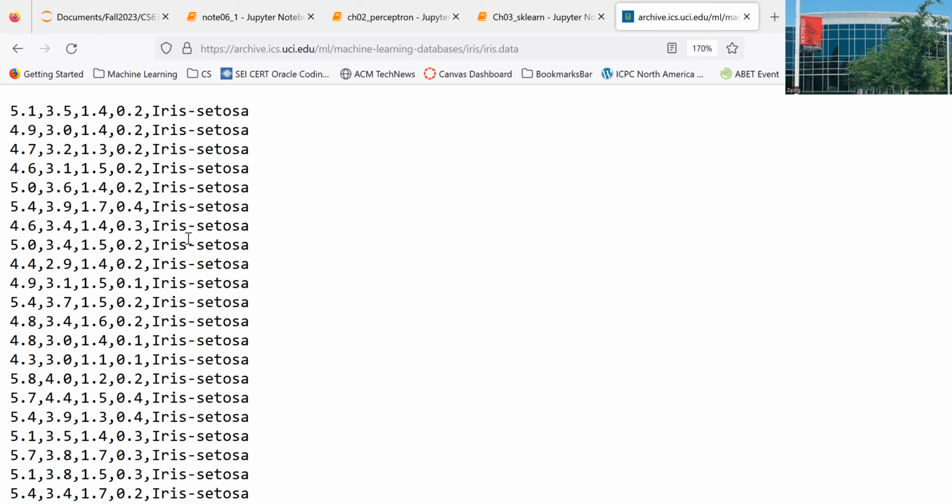Then if we have a new sample, for example x1, x2, x3, x4, you can use the weights w_i to find the y hat.